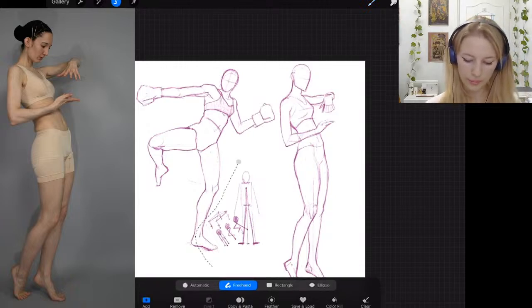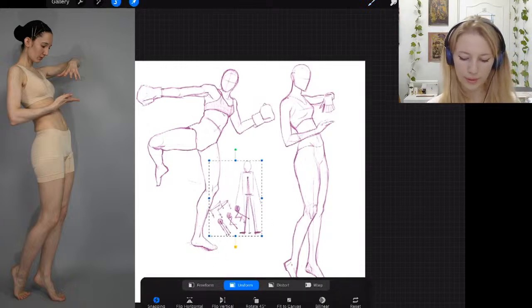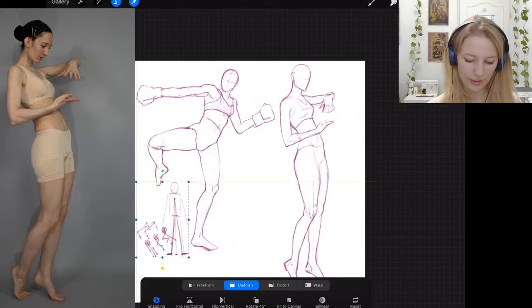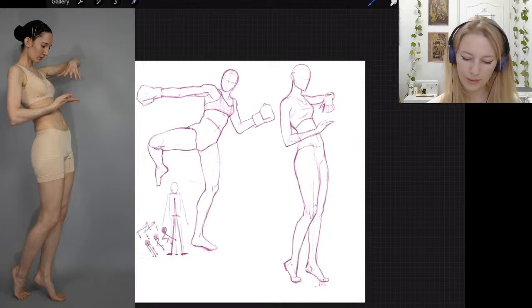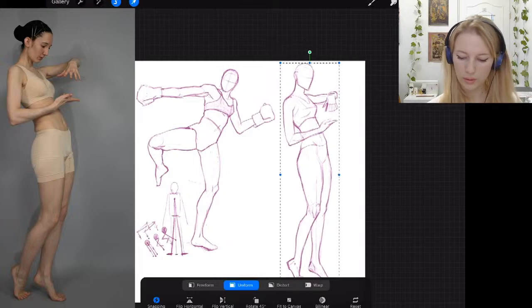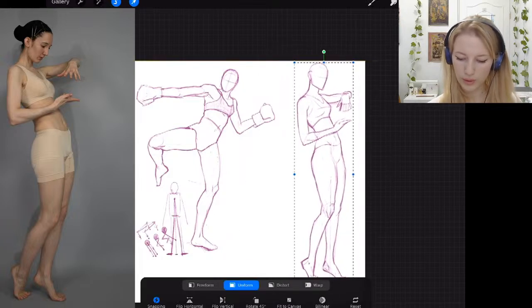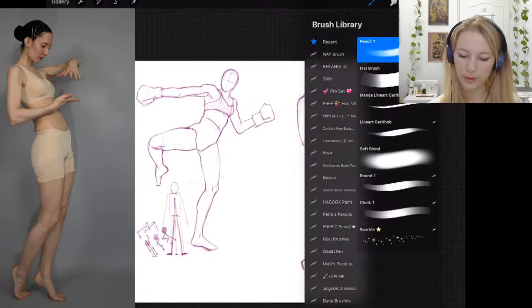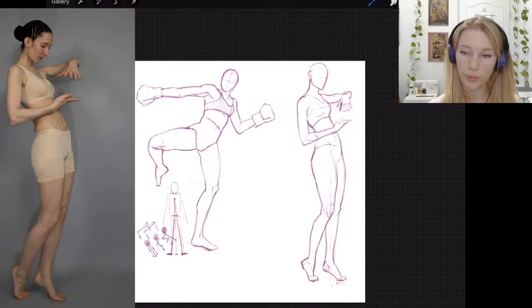Okay, now we need to put these guys somewhere. I don't know, let's put them here. And as for this girl, I just want to move her a bit to the right. And I will create a new layer for the next drawing.